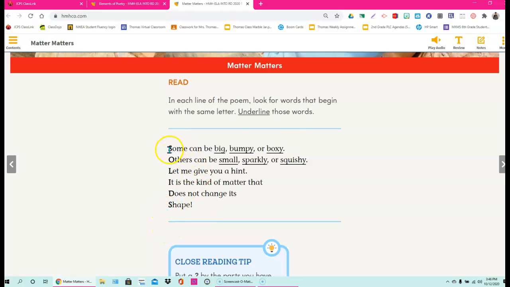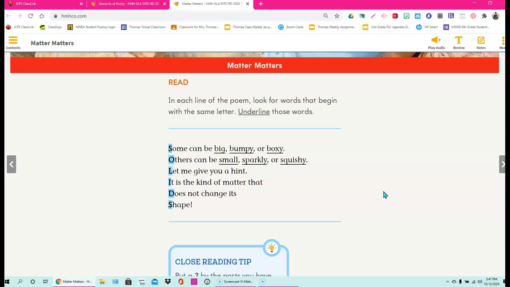We can see that the first letter, and I'm going to highlight these so you can see it and it really stands out, the first letter of each line of poetry here spells out, are you seeing it yet? The word solids.